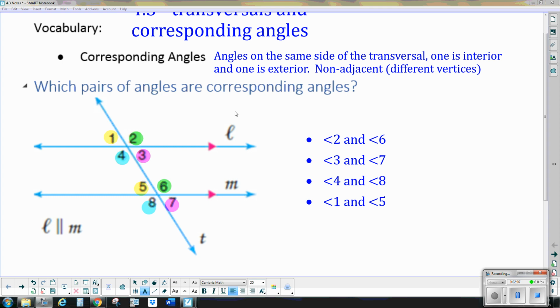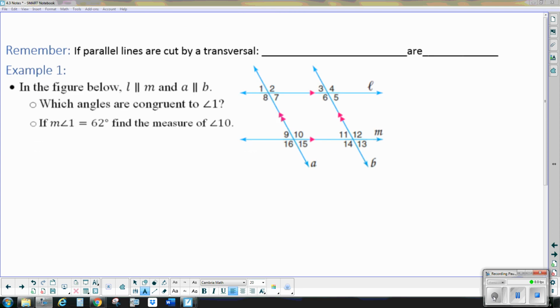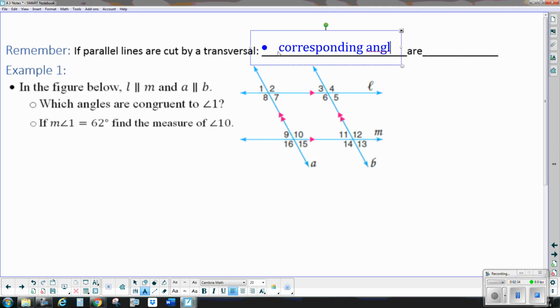In this case, we can see that L and M are marked parallel, and it's also in the given statement that they are parallel. So we know that all of these corresponding angles are also congruent. Remember, if parallel lines are cut by a transversal, corresponding angles are congruent.